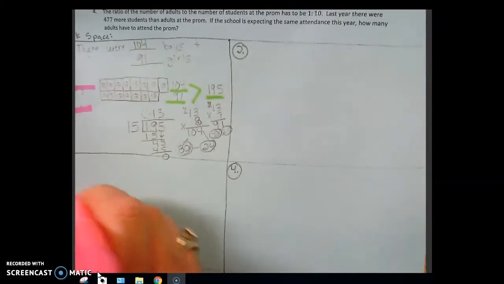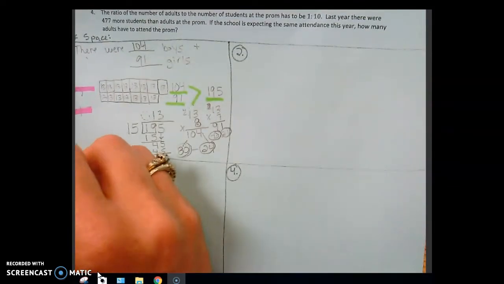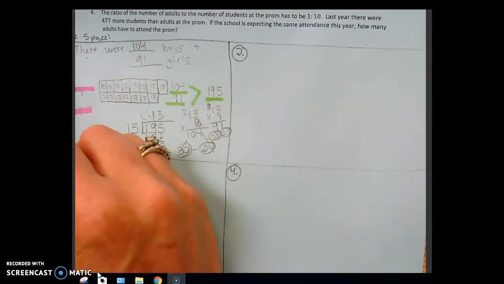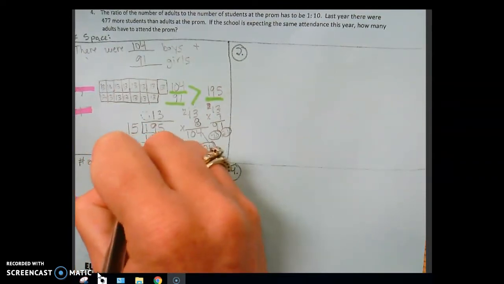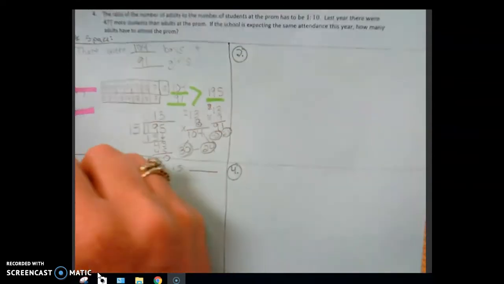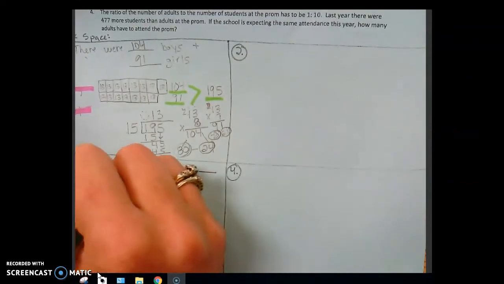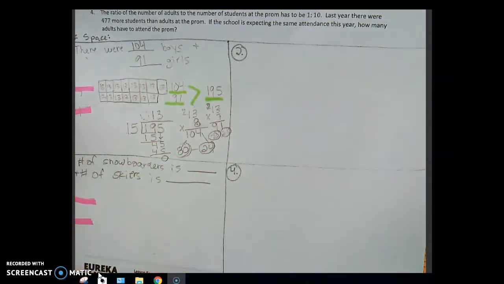So that tells me down here, I got to write my question here. What am I looking for? I'm looking for number of snowboarders is blank, and number of skiers is blank.